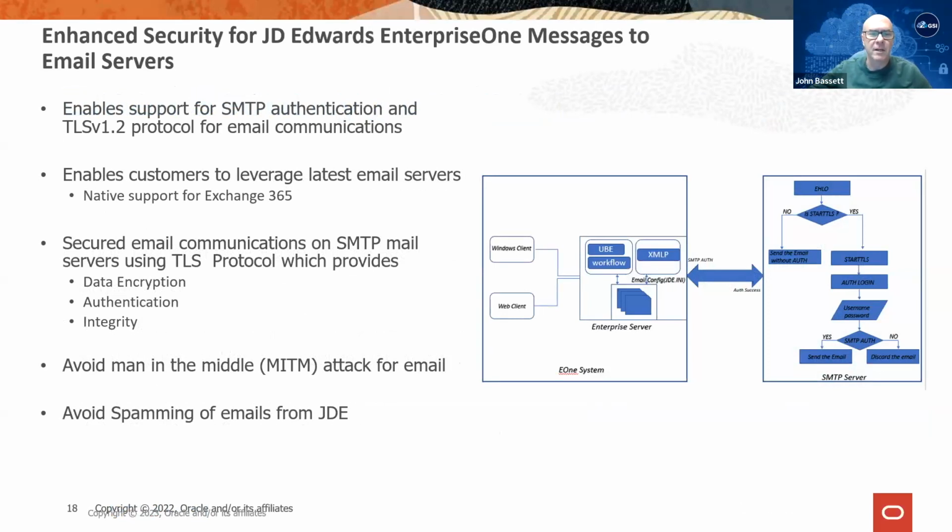You configure it inside of JDE, which allows you to use secure transfer between the messages. So even if you're on the network, you won't be able to make heads or tails of the message unless you have the secured keys, which is not likely. Helps you avoid man in the middle and or spamming of JDE type hacks.